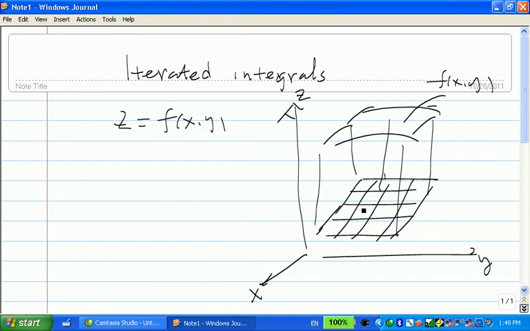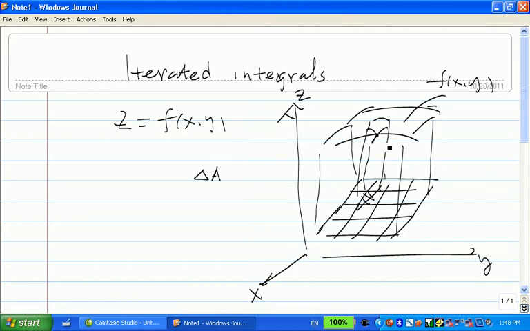Okay. So you go up, you get rectangular box.